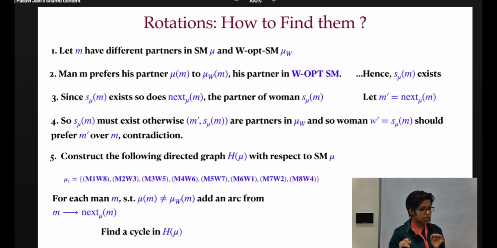The in-degree could be more than 1, as we saw in that example: one man can be multiple people's next partner, depending on how much his female partner has to be all those men's successor. That's possible. So you can have more in-degree, but out-degree is always at most 1.